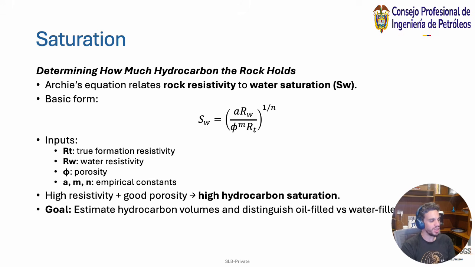And Archie's equation is definitely one of those equations in the oil and gas industry, because you're able to relate resistivity to saturation. My resistivity tools, I can easily measure resistivity, but it's hard to measure volume. It's hard to measure saturation, right? So that's a really important or interesting topic to note.